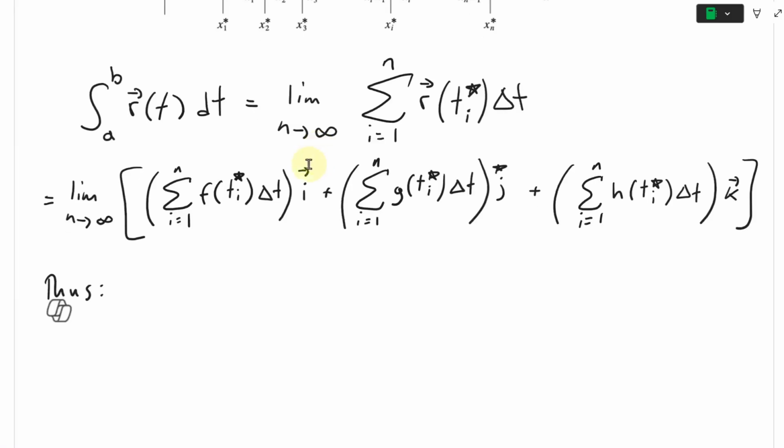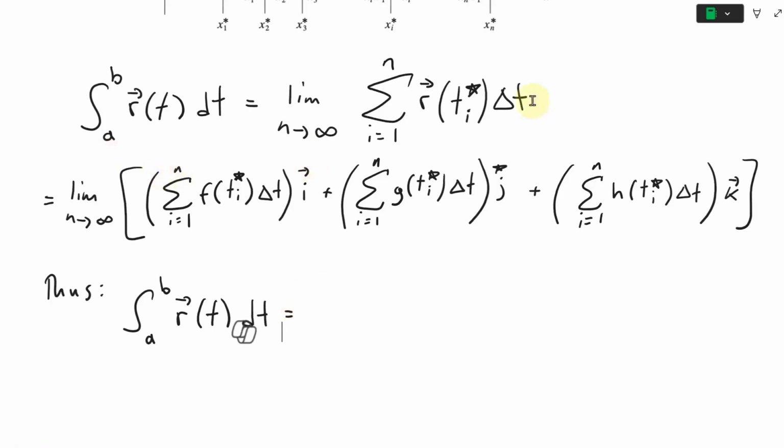So thus, the integral from a to b of the vector r of t dt equals, and this dt is again just delta t but infinitely small. This equals the integral of just the regular function f, integral from a to b of f of t dt, and the definite integral is just from a to b, that's just what it means.